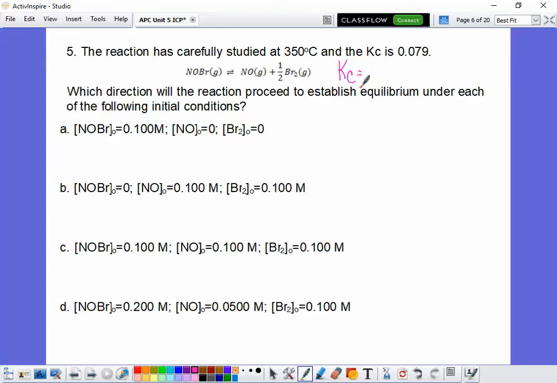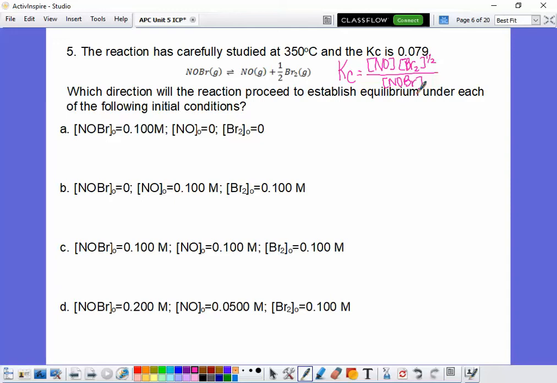Specifically for this reaction? Good. And its Kc value for that reaction as written is 0.079.